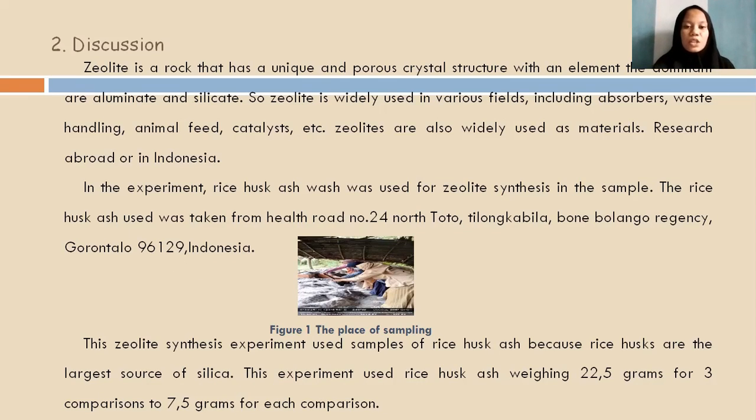The zeolite synthesis experiment used a sample of rice husk ash because rice husks are the largest source of silica. This experiment used rice husk ash weighing 7.5 grams for each of the 3 comparisons.